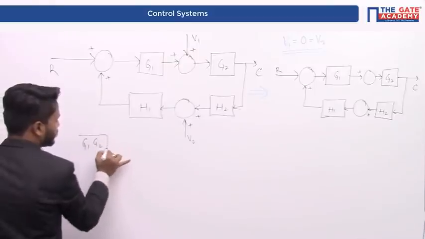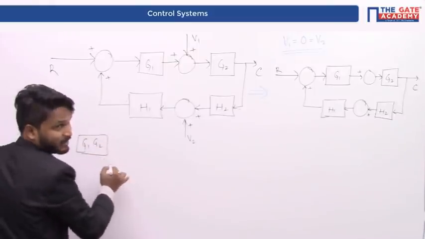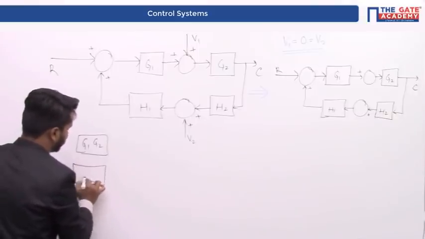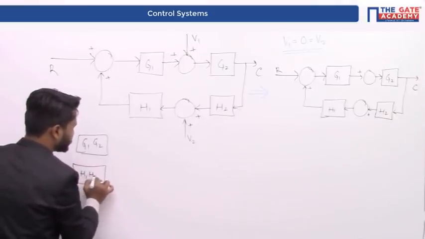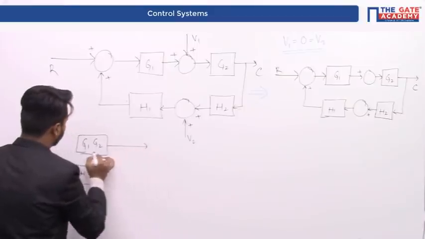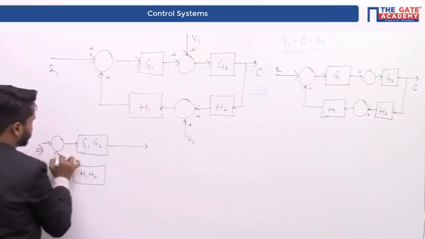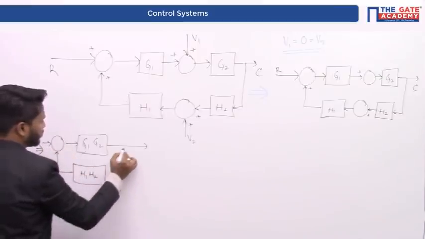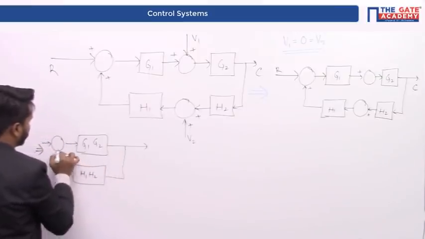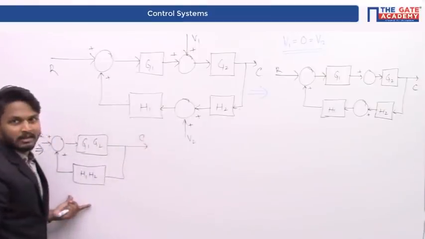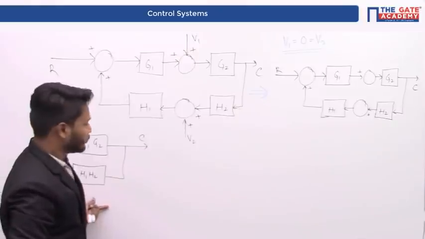G1, G2 in cascade and H1 as well as H2 in cascade. If you look here, this is a simple positive feedback loop.